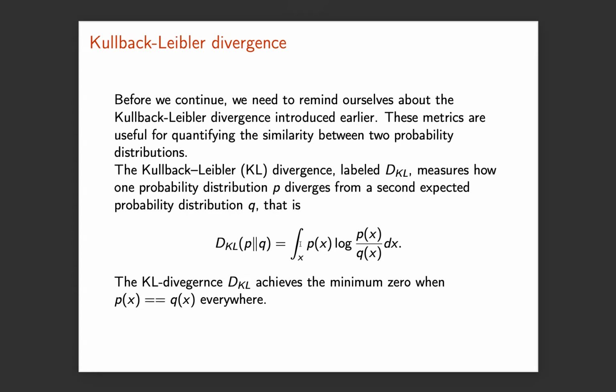And then you calculate what you see here, an expectation value, because you have a probability and you're taking the expectation value of the log of the probability divided by this model which you make. If these two are equal, then this is log 1, it's 0. So this quantity is a quantity you can show has to be larger than or equal to 0. So it achieves its minimum, which is 0, when these two probabilities are identical.